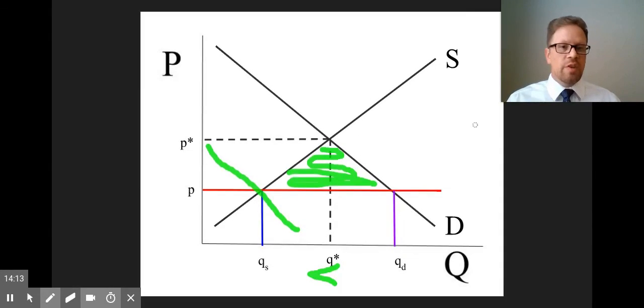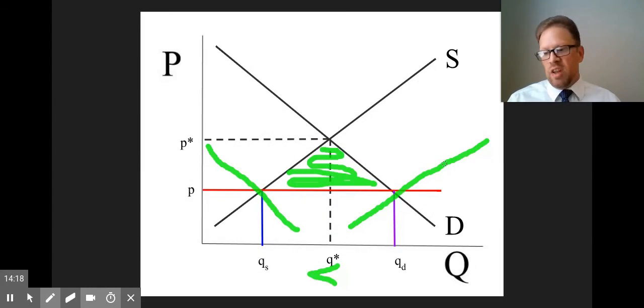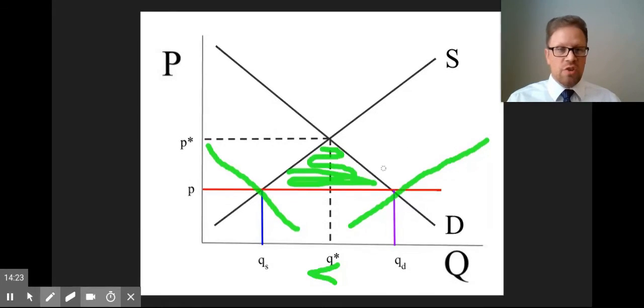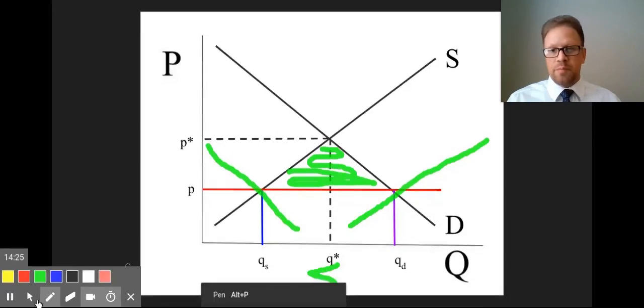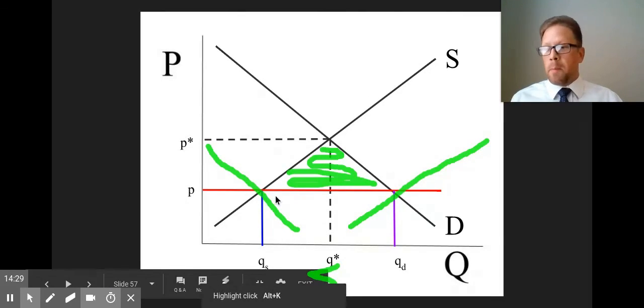Or maybe this point maybe used to be the supply, but then it shifted to the left, and therefore that changed the equilibrium point also. Shortages can be eliminated by raising prices.